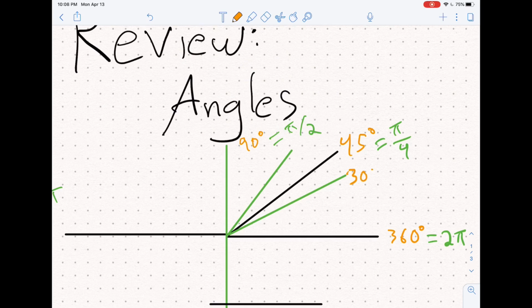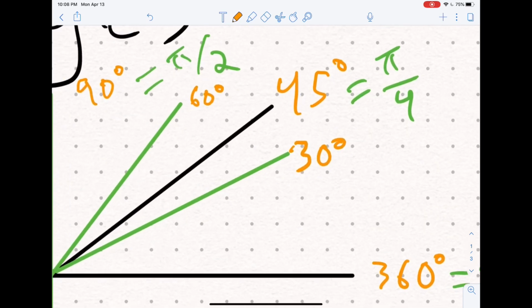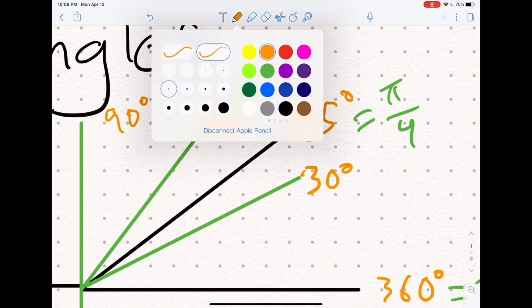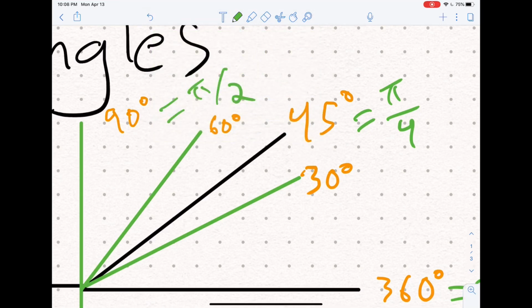This one was 30 degrees. This one was 60 degrees. But of course, we can also put them in radians. And in radians, they are exactly pi over 6. And this one, 60 degrees, is pi over 3.